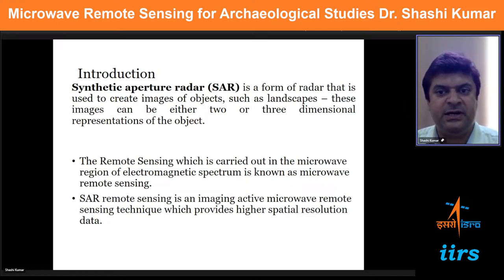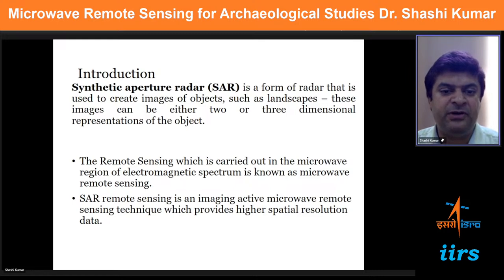Synthetic aperture radar is a form of radar that is used to create images of objects such as landscapes. These images can be either two or three-dimensional representations of the object. Synthetic aperture radar remote sensing is a type of microwave remote sensing, which is carried out in the microwave region of the electromagnetic spectrum.